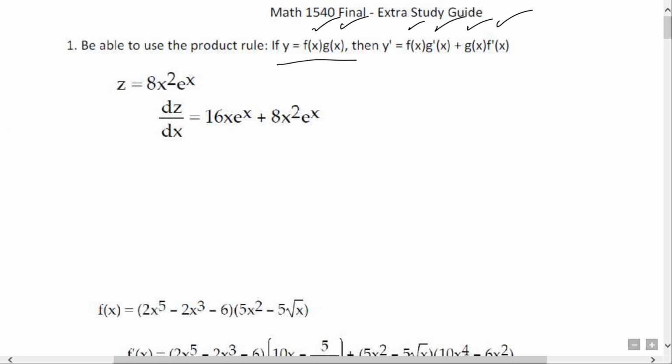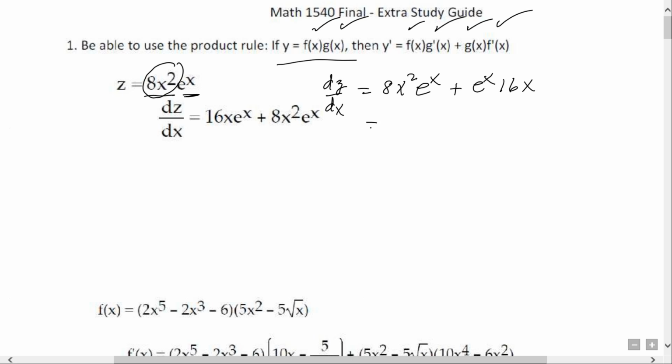To calculate dz dx, we see that the first would be called 8x squared, and the second would be e to the x. So we would take the first, which is 8x squared, times the derivative of the second, which in this case is just e to the x, plus the second, which is e to the x, times the derivative of the first, which is 16x.